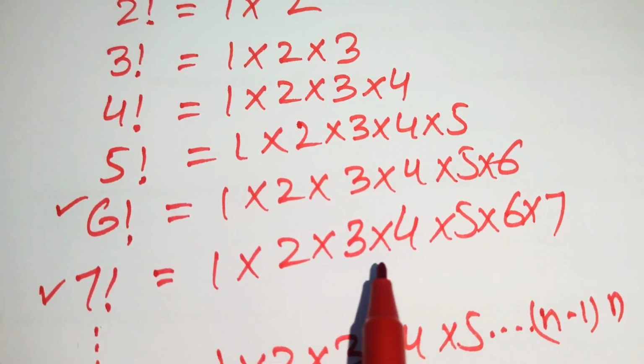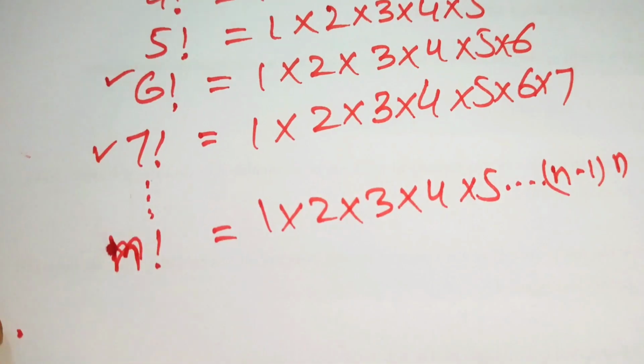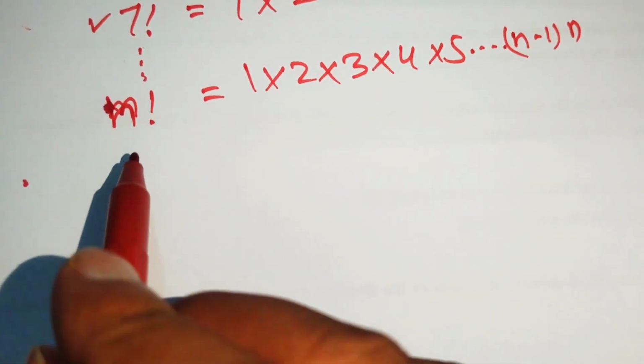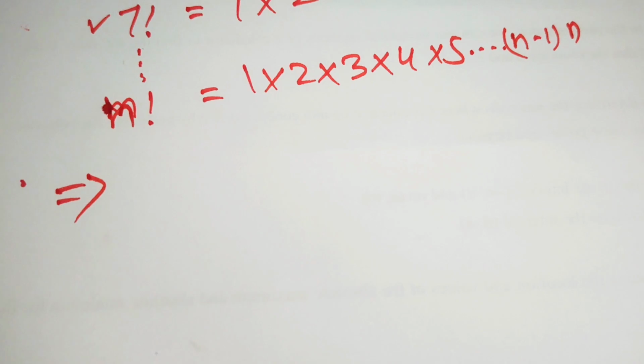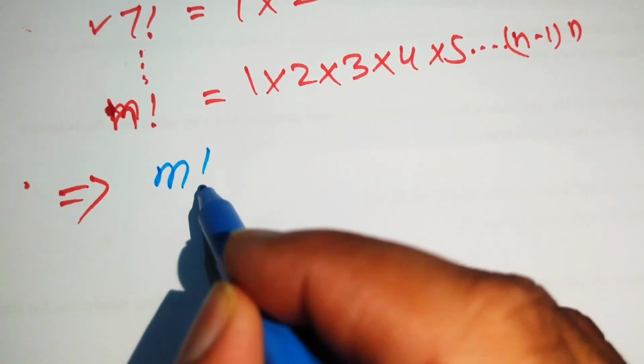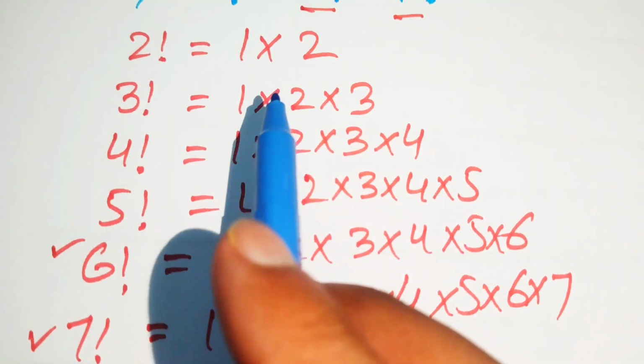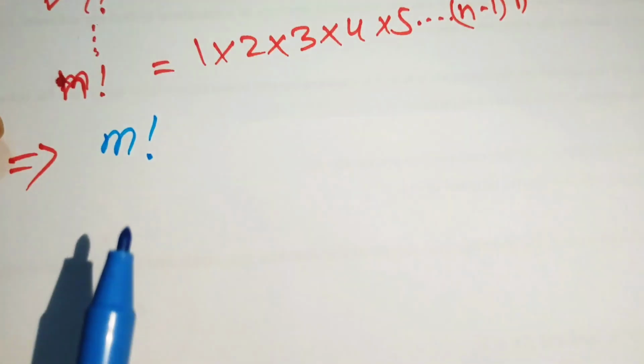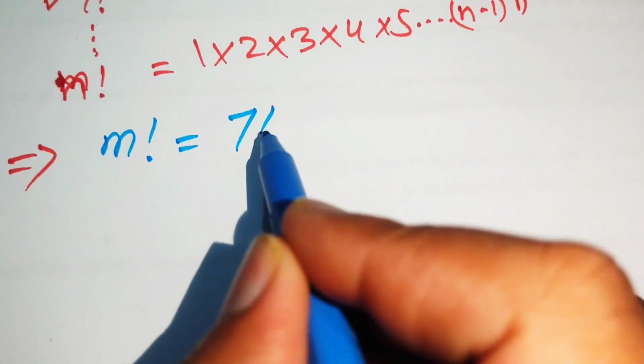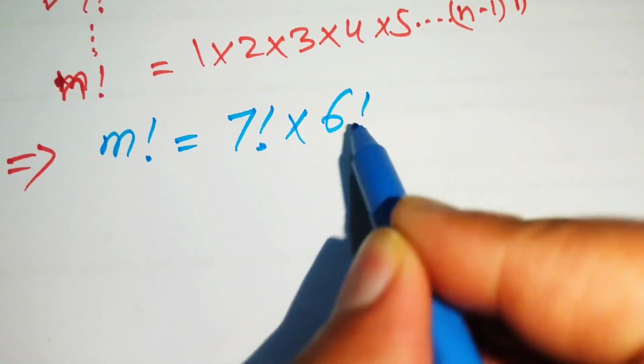So it is 1 2 3 4 5 6 and 7, and we just copy down the given question statement: m factorial equals 6 factorial times 7 factorial. We write it as 7 factorial first and 6 factorial after that.